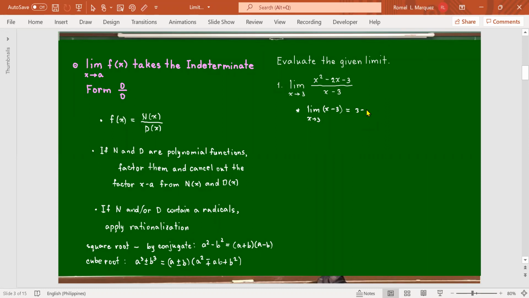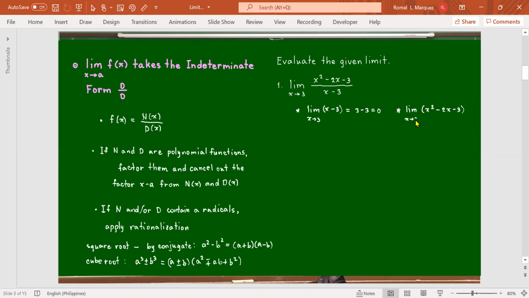Am I correct, guys? So the limit of the denominator is 0. If the limit of the denominator is 0, we cannot apply direct substitution. Guys, check also the limit of the numerator. So if the limit of the numerator will be 0 also, then it means we have indeterminate form, 0 over 0. Get it, guys?